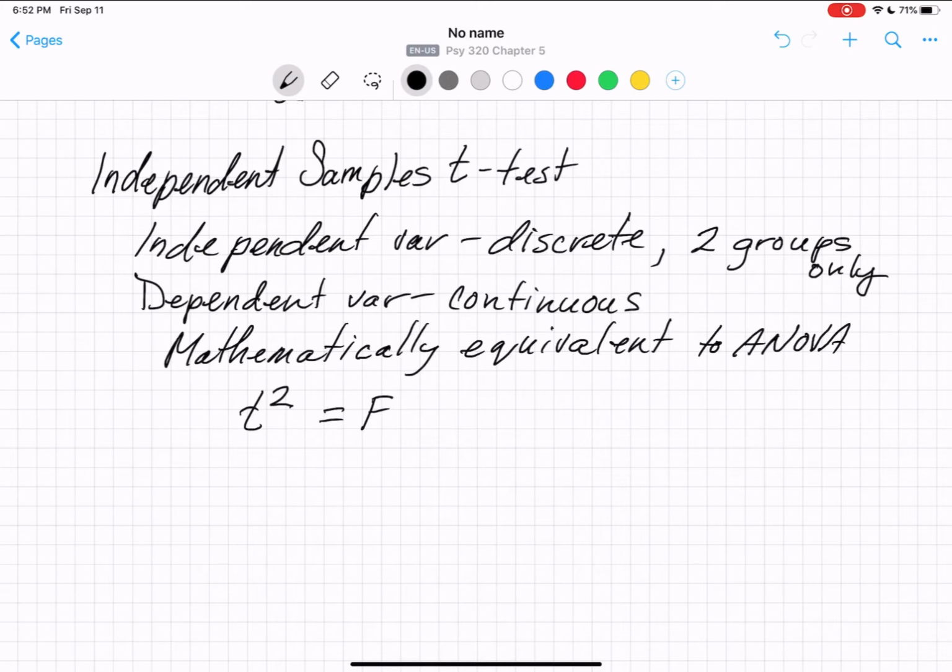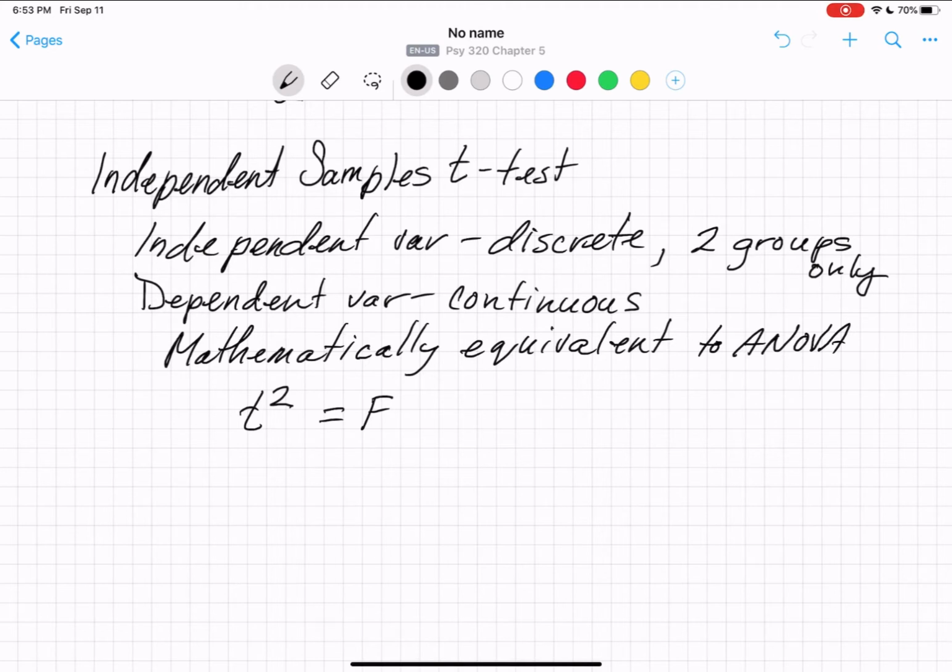So it's the same basic idea. We're going to get a ratio of between group variability over within group variability, but we're going to do it just a little bit differently because, instead of variance, we're going to be using standard deviation, standard error, and instead of our between group mean squares, we're just going to take the difference between the means.